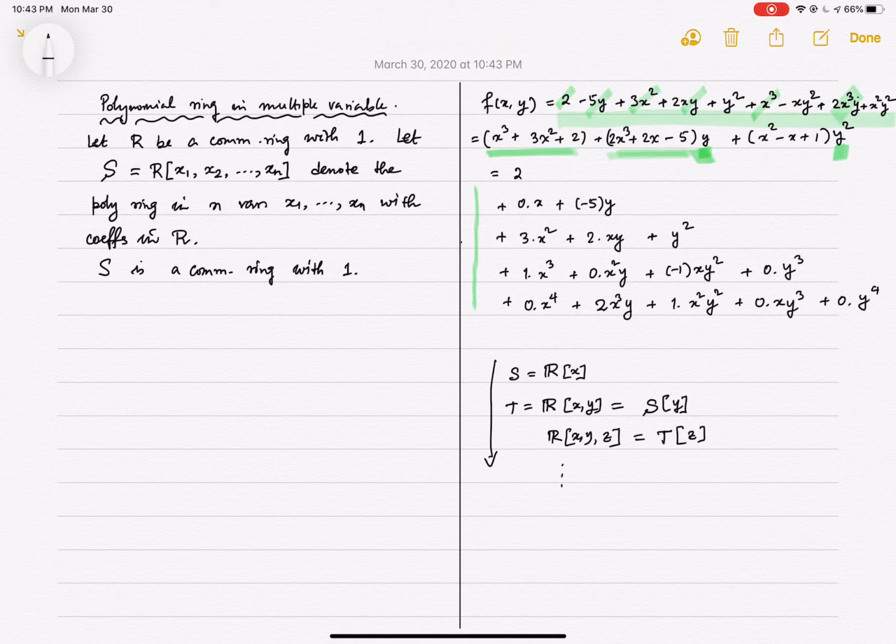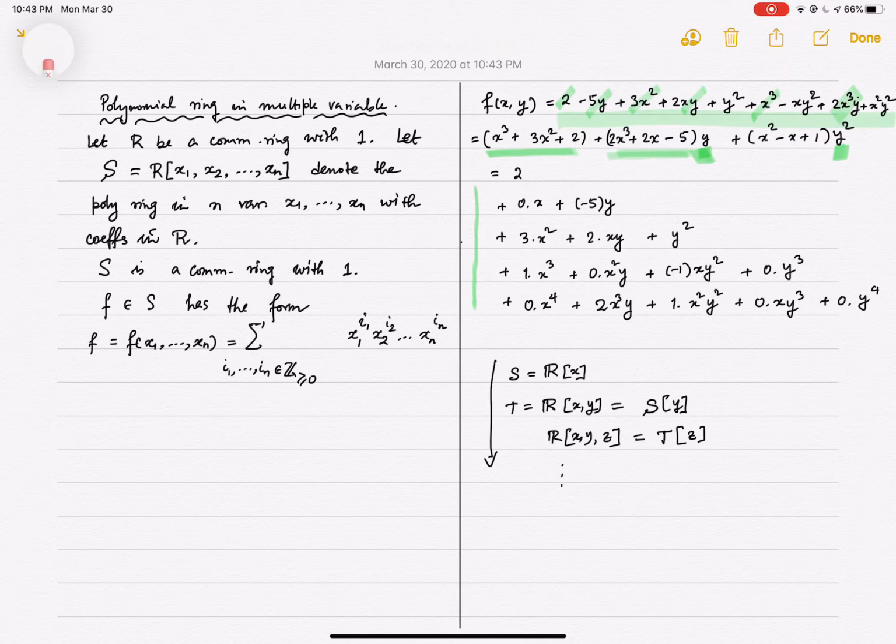A typical element of S, f in S, has the form, sometimes you write it as f(x1, x2, ..., xn), because you can think of these as n-variable functions. Some element of the coefficient ring R times an expression like x1 to the i1, x2 to the i2, ..., xn to the in. And this i1, i2, ..., in all vary over non-negative integers.